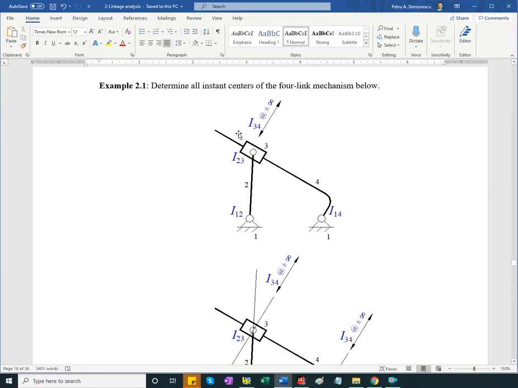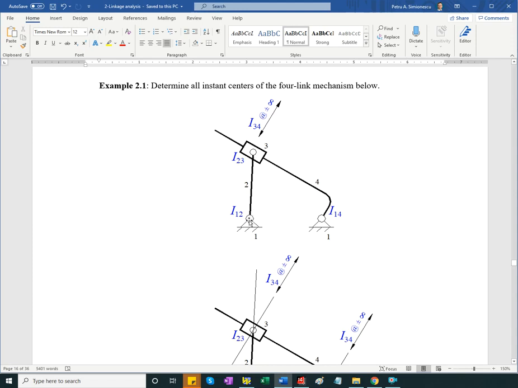This sample problem explains how you can find the instant center of this quick return with an eccentricity. And we have 4 bodies, so it'll be 6 instant centers.